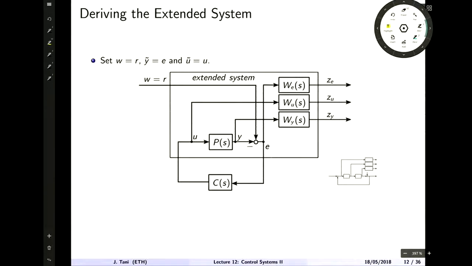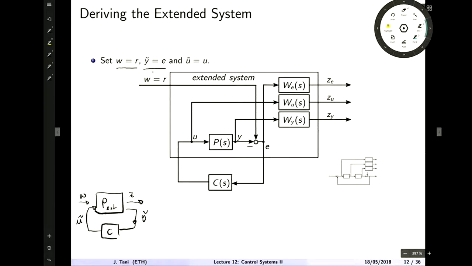Now let's get from here to the extended system. What are we doing? Well, we set W equals R. Remember this? So we have this in the back, the extended process. W comes in, Z goes out, and then we have a Y tilde here going to the controller, and we have a U tilde getting back.